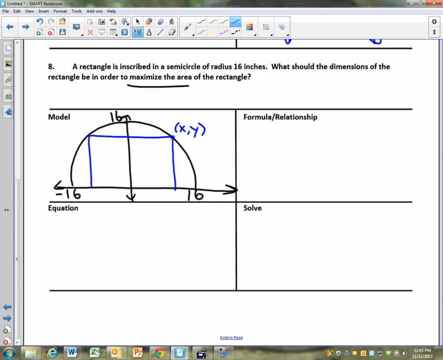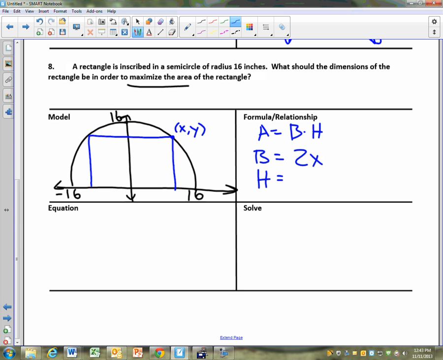I guess we've done a problem kind of like this, so I'll write the xy. What formula should I write? Area equals base times height. Well, now I've got to come up with expressions for base and height. Who's got base? 2x.